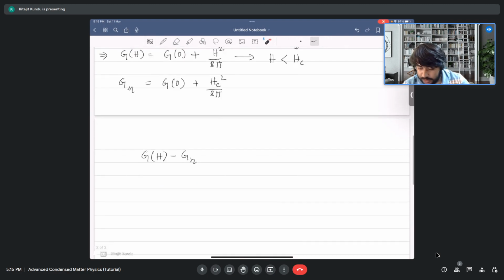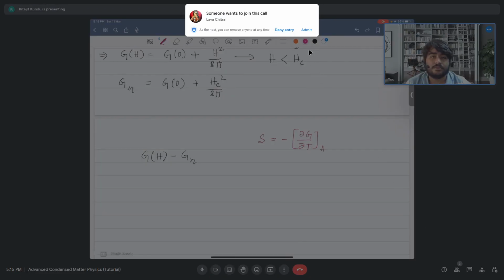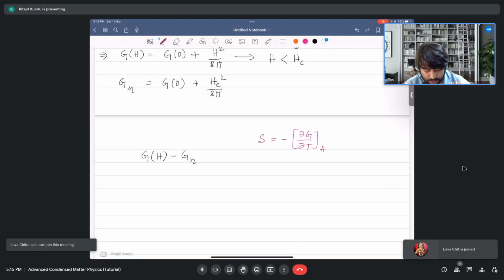So what we want to calculate, as I mentioned before, is the entropy's expression. So entropy is given by minus of ∂G/∂T at a fixed field. Okay, so let's try to calculate how this looks like.